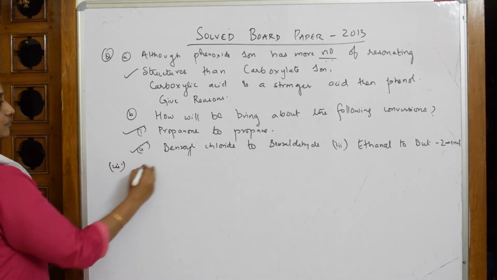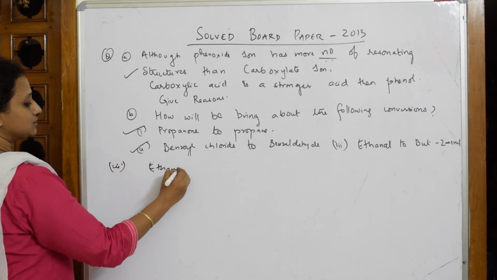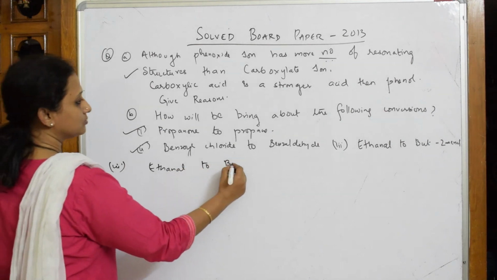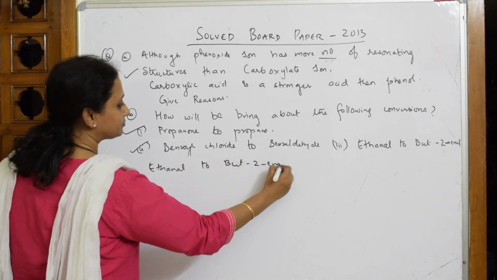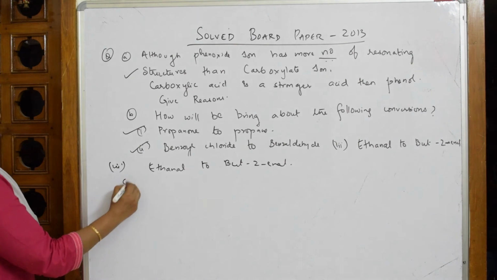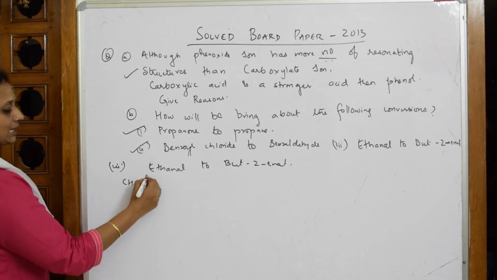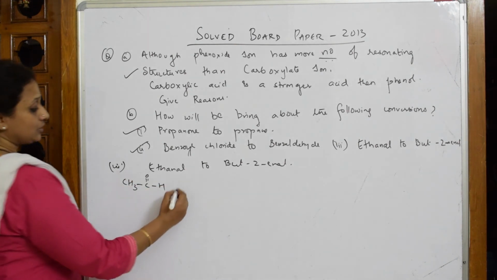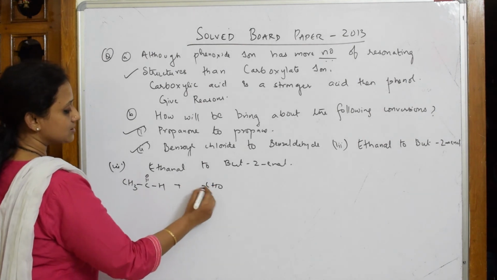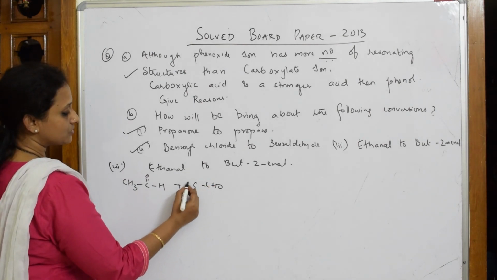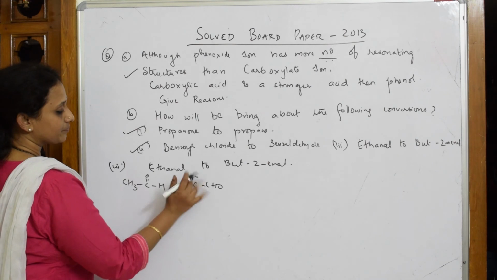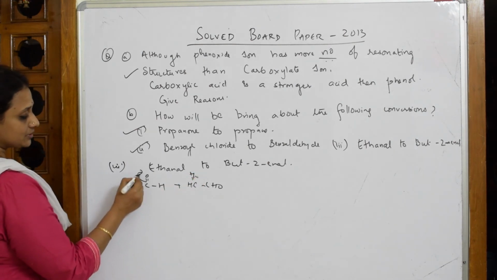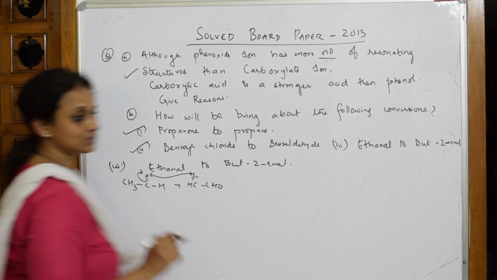The third one, I have to convert ethanal to but-2-enal. So ethanal, same story again. We are doing aldol condensation. You're going to combine with the alpha hydrogen. Yes, this is going to shift here. This hydrogen will come and attack oxygen.